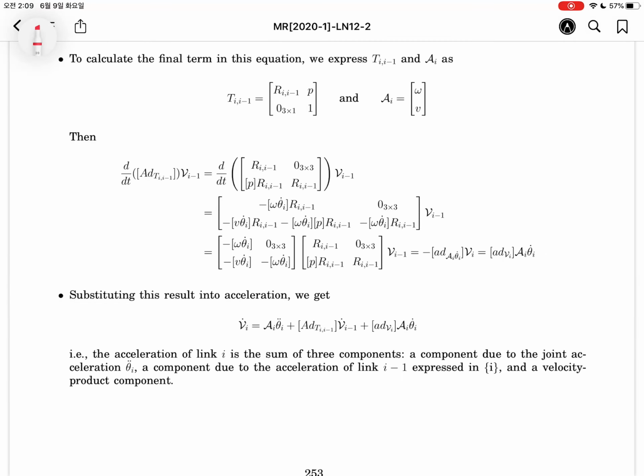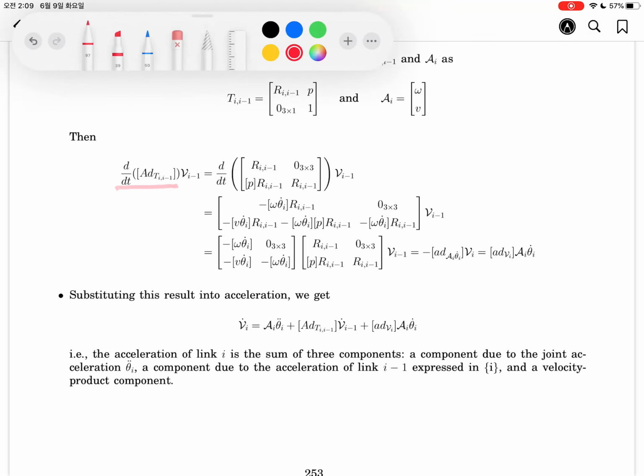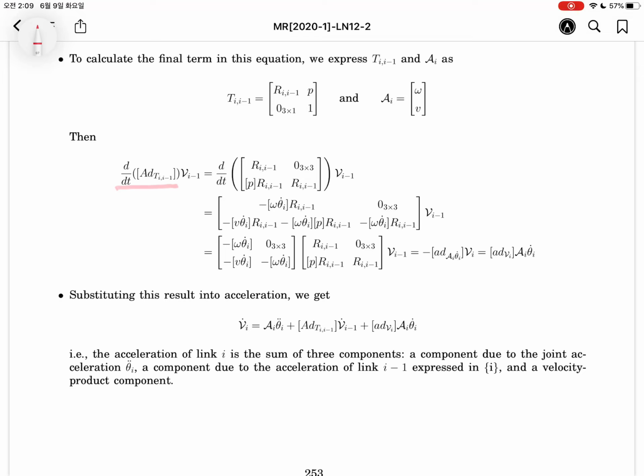Let's consider the time derivative of the adjoint of T_{i,i-1} and V_{i-1}. Here, if we have the homogeneous transform T_{i,i-1}, the 3 by 3 rotation and the 3 by 1 vector can be used to denote this homogeneous transform, and the screw axis A is constant, belonging to R^6.